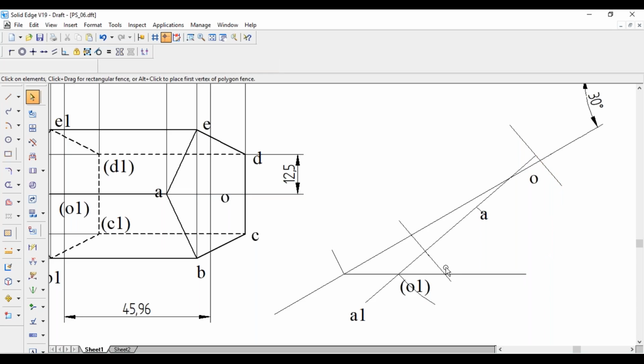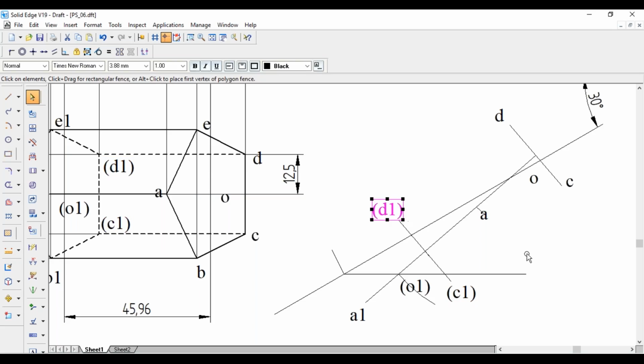So we got C, D, and this one is C1, D1. We got these points.